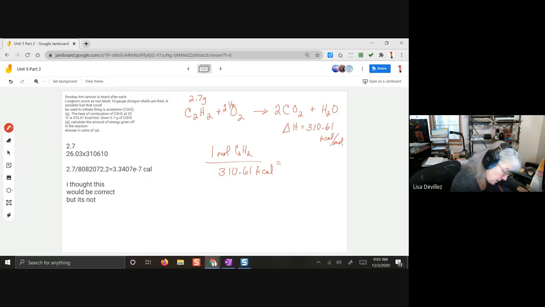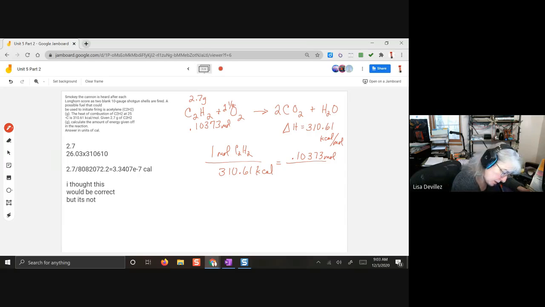All right, so that molar mass they used is right, so that's going to give me 0.10373 moles.